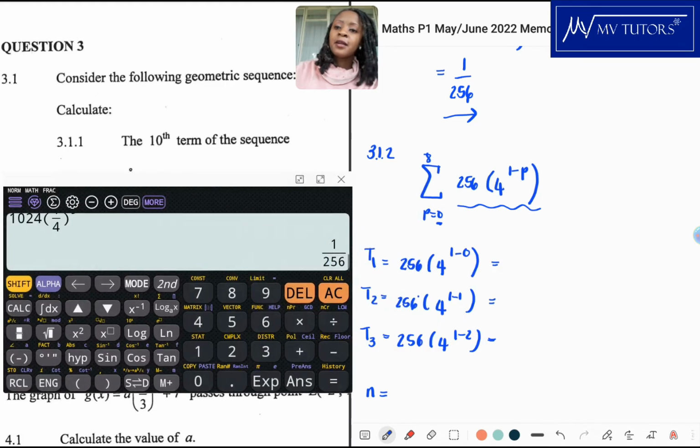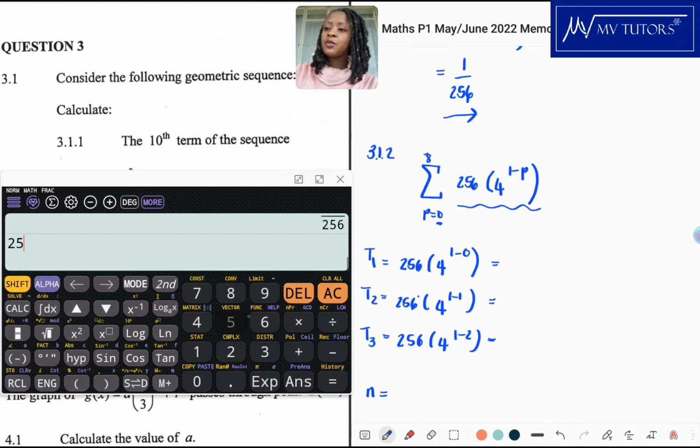So if I take my calculator and I say 256 times 4 to the power 1, that is just 1024. And then 1 minus 1 is to the power 0, so that is 256.